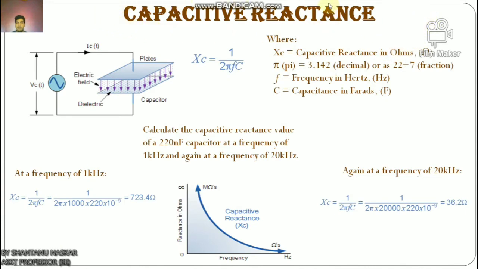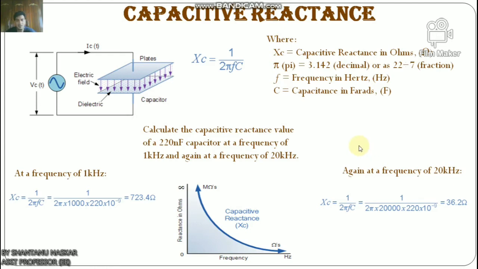Before this, we have to know what is capacitive reactance. Capacitive reactance is the complex impedance of a capacitor whose value changes with respect to the applied frequency.